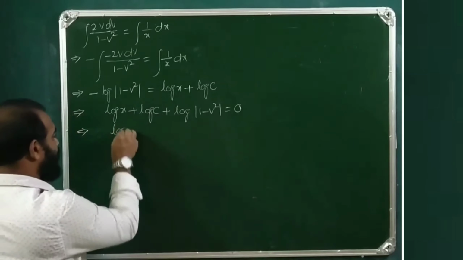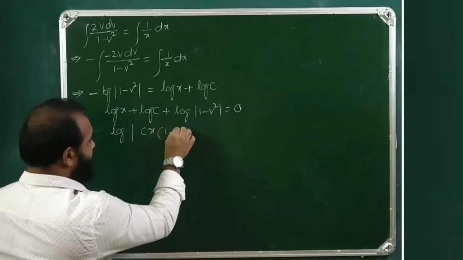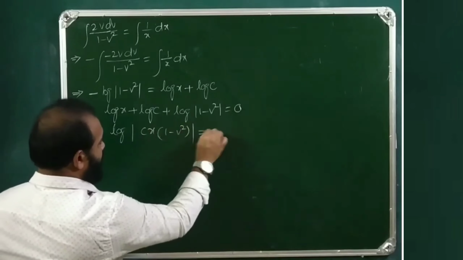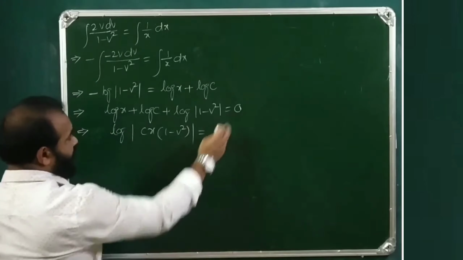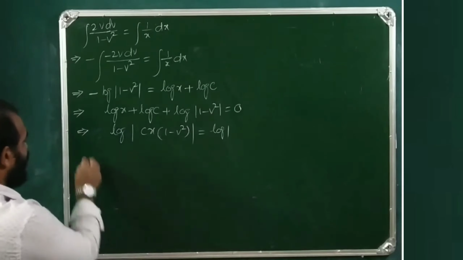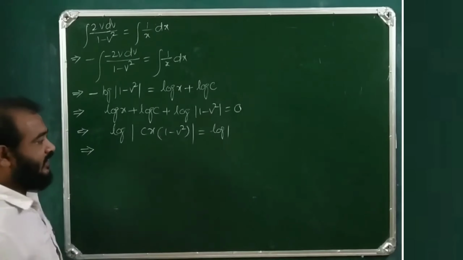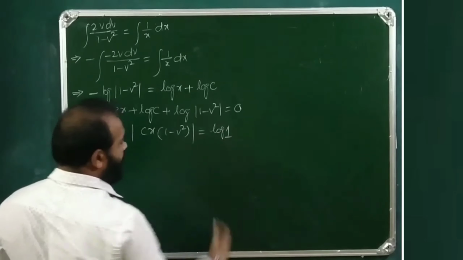So this is log c x 1 minus v square is equals to 0. 0 can be written as log 1. So if you remove log on both the sides, this is log 1.